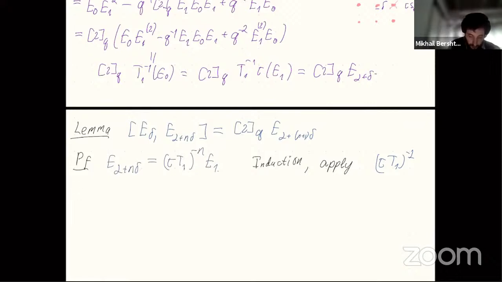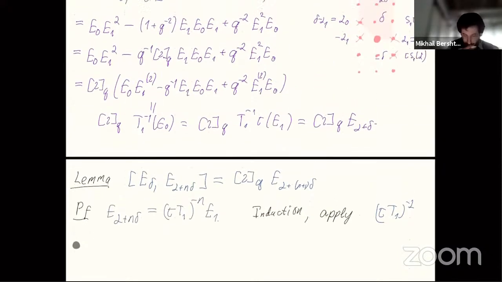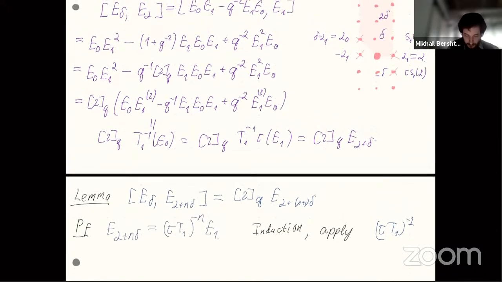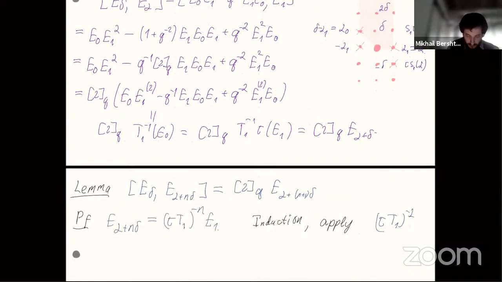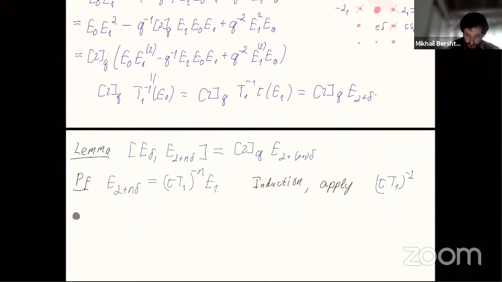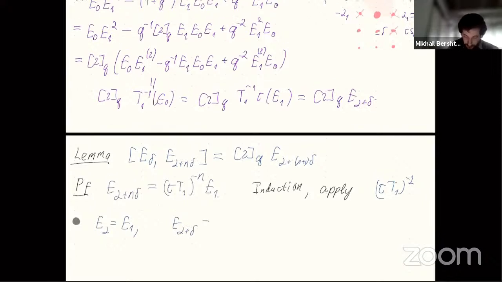Let me show you one more relation, which is not difficult to prove. So we have E delta, E alpha, which is just E1, and we also have E alpha plus delta, which, if you want, was implicitly written here.